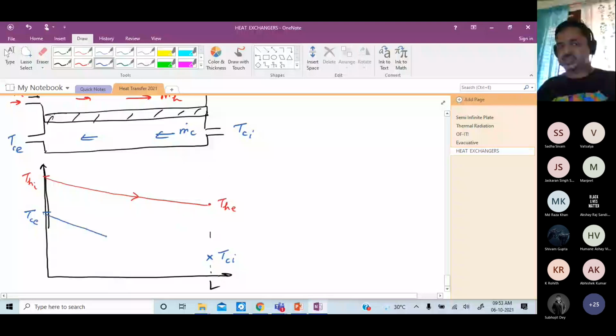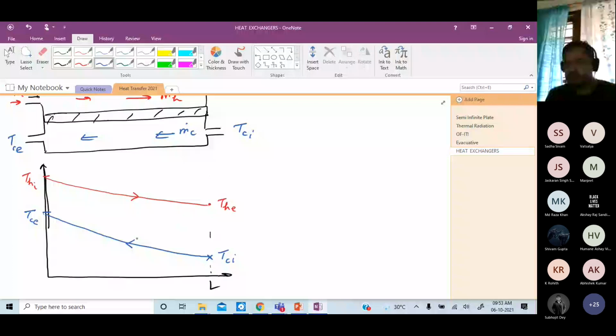So here actually, at a cursory glance, the temperature difference between the two fluids along the flow length, if you look from 0 to L, does not vary as much as before. Like in parallel flow, it's the maximum at one end and minimum at the other end. Here, it's not maximum and minimum that way.